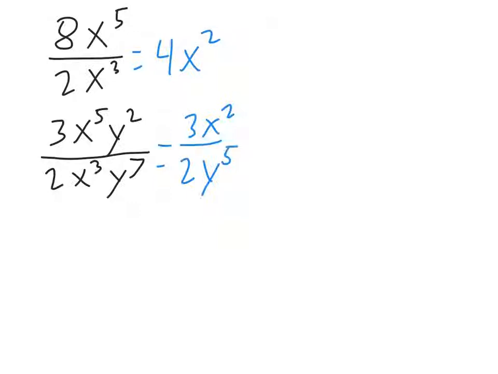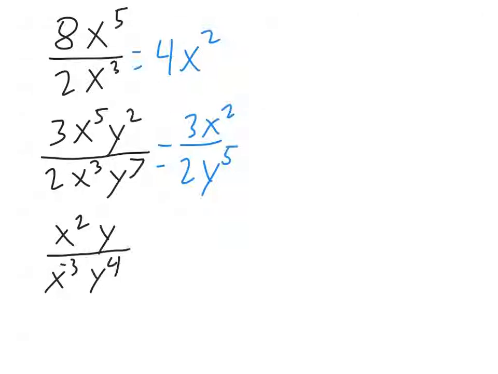So now let's look at this problem. We have x squared y over x negative 3 y to the 4th. So when you see a negative anywhere, if it's on top, bring it to the bottom. If it's on bottom, bring it to the top. So here we have x to the negative 3.